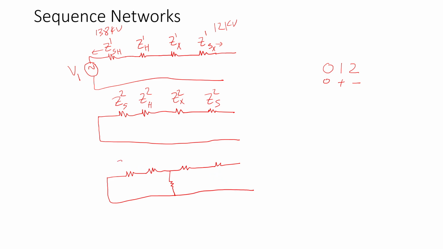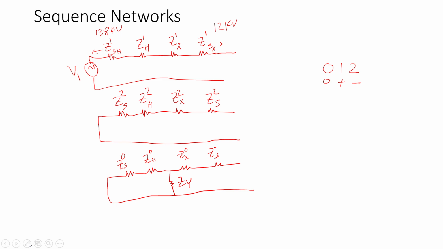So basically, zero sequence of the system high side, zero sequence of the system, and this is the Y, or the stabilizing winding.